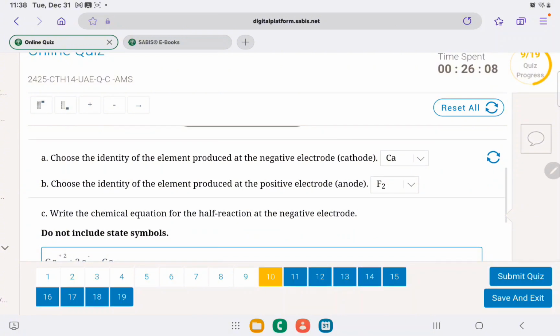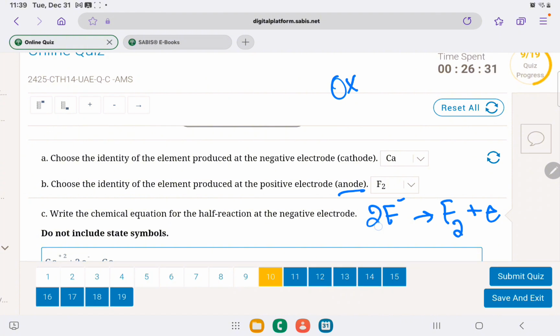And then they have the reaction at the positive electrode. So at the anode, it's oxidation, so the electrons are in the products. So F minus to give F plus electrons, and since F is a diatomic element, we're gonna add a 2, and to balance it, we're gonna add a 2 here.